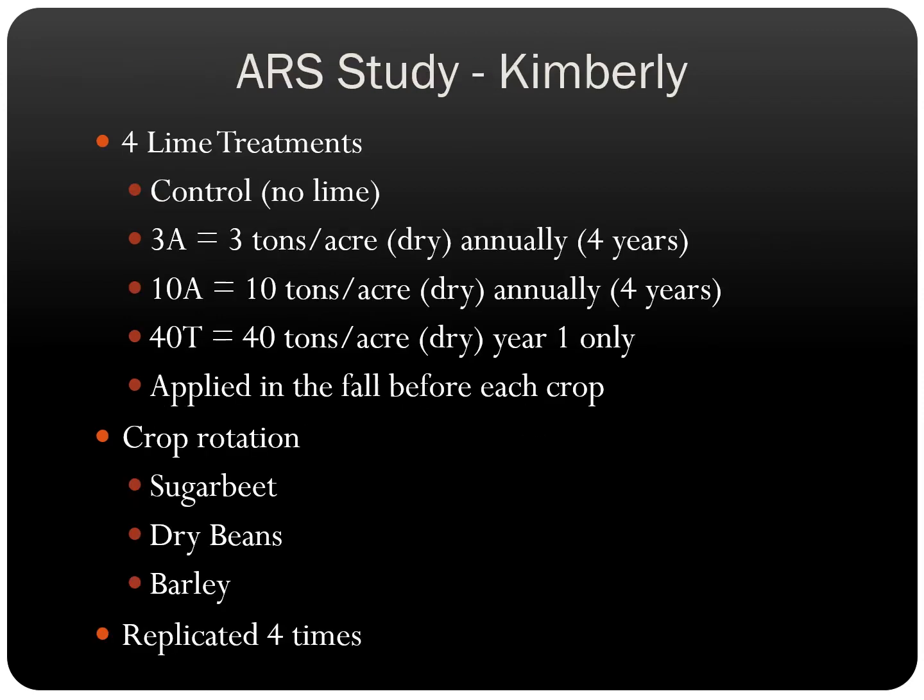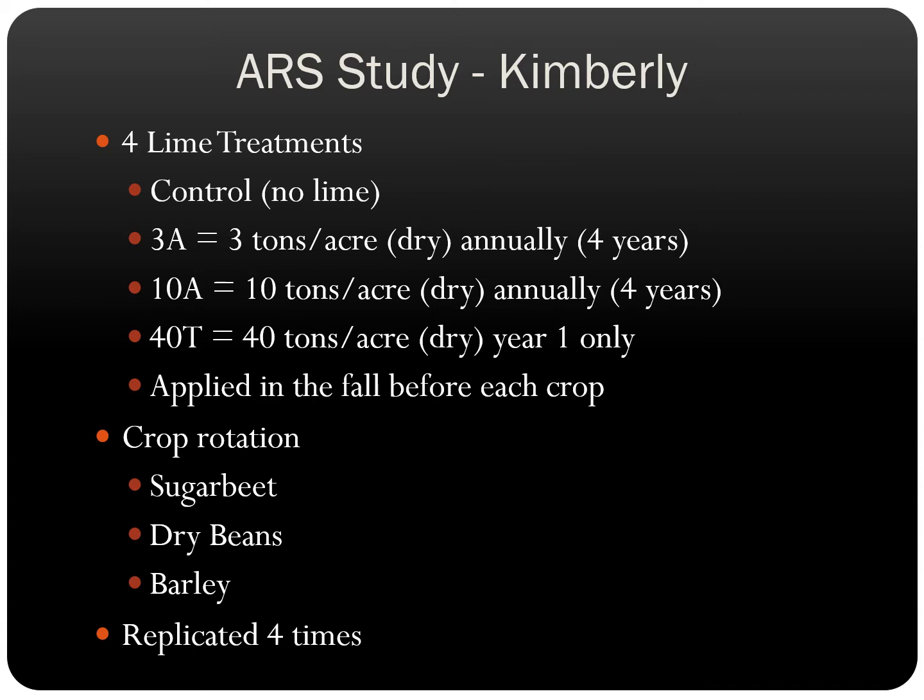So here's our study setup. It's located in Kimberly, Idaho, on a Portneuf silt loam, pH around 7.8 to 8.0 on average. Free lime content of about 4%. So it's an alkaline soil. Our 4 lime treatments were a control. We had no lime.